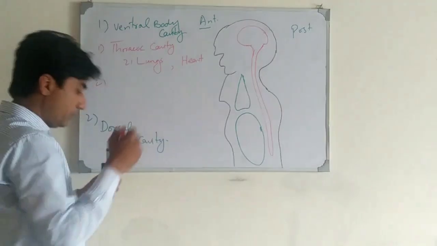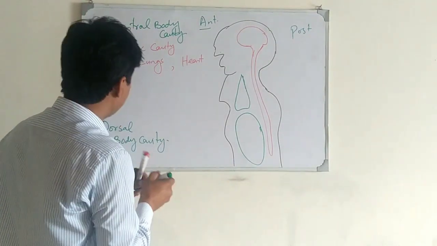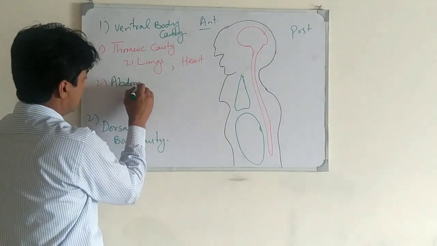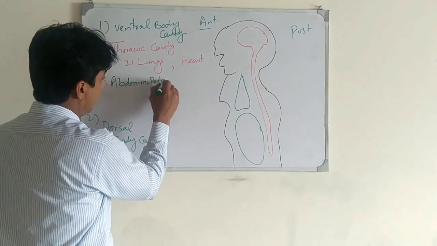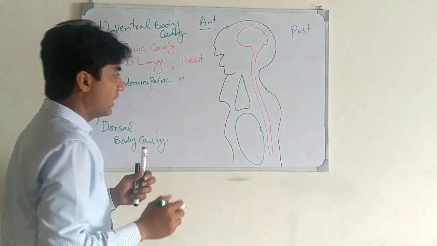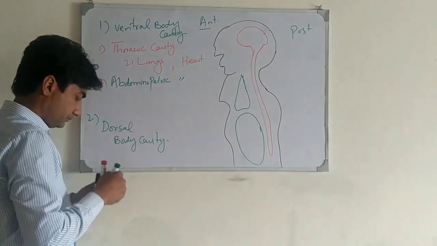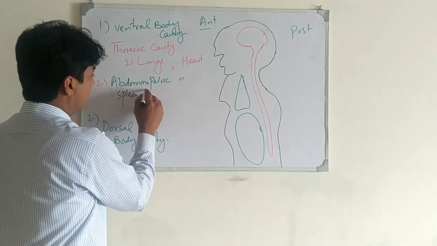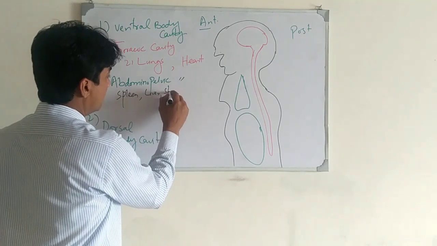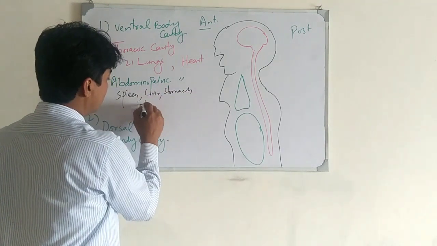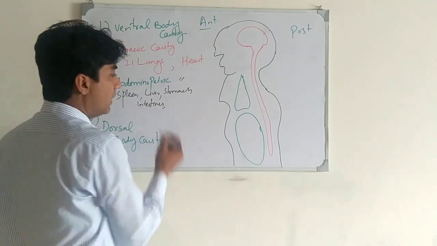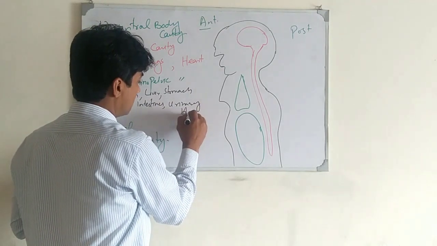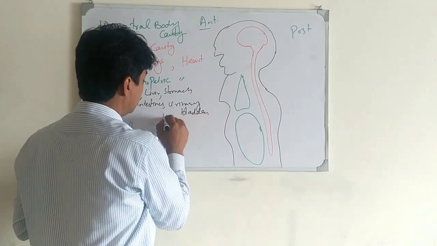While the abdominopelvic cavity consists of spleen, liver, stomach, intestines, urinary bladder, and kidneys.